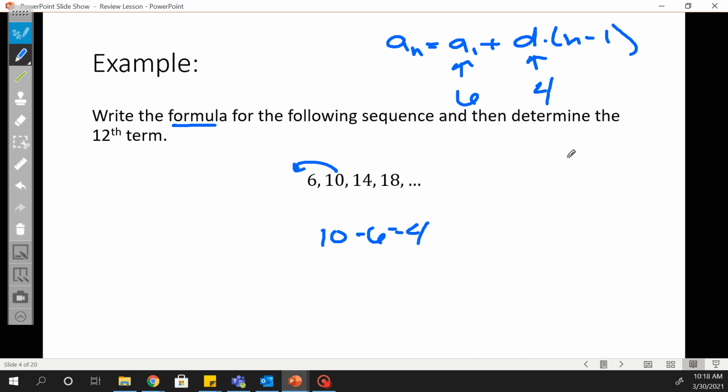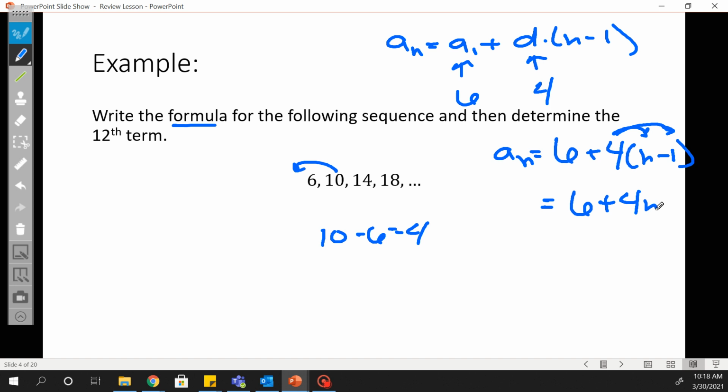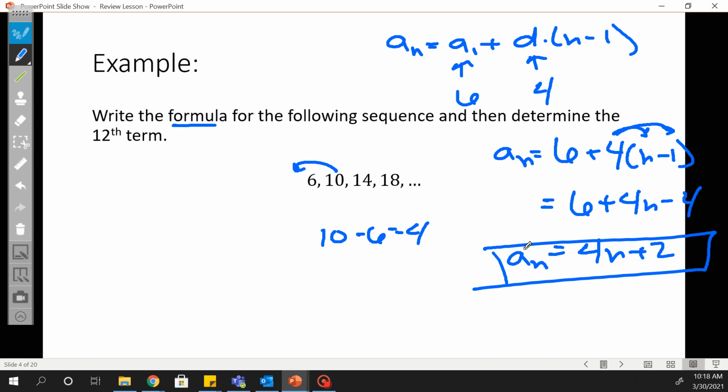So our formula is 6 plus 4 times n minus 1. Commonly, this would be put into standard form: 6 plus 4n minus 4, combining like terms, 4n plus 2. So this is the standard form formula for the nth term.